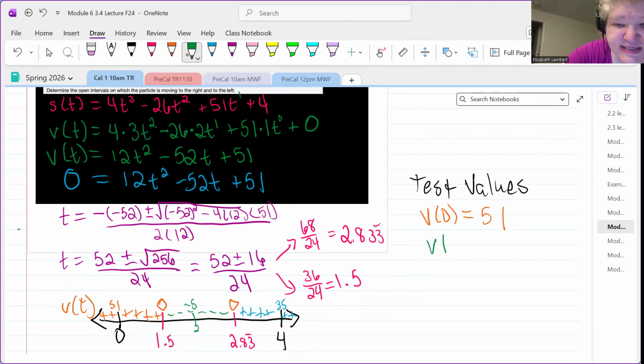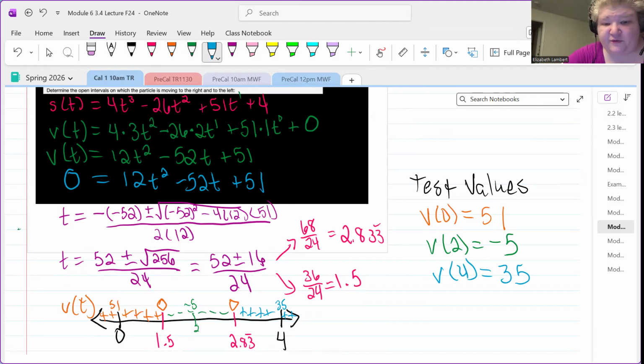Figured out that the velocity at 2 was -5. And I figured out that the velocity at 4 was positive 35. So that 4 is some number to the right of 2.83. And since it was positive, everything to the right of 2.83 is going to have positive velocity. So that's what our test values were for. We were just seeing, is it positive or negative? The fact that we got actual numbers is kind of a whatever.